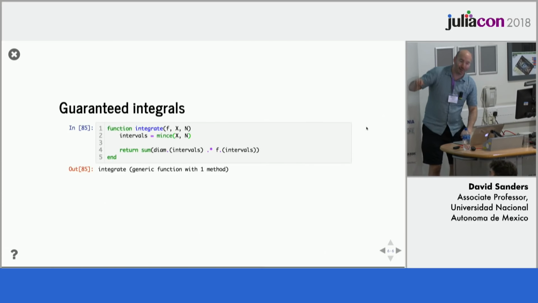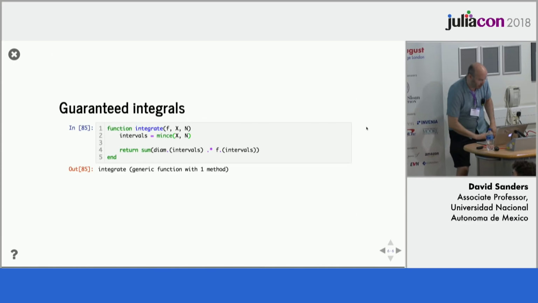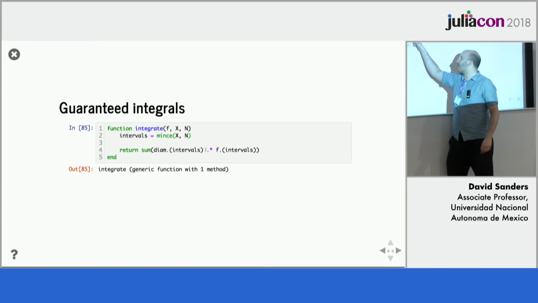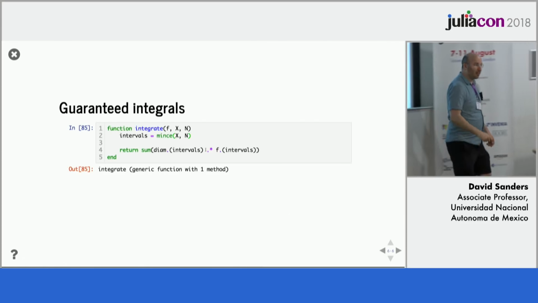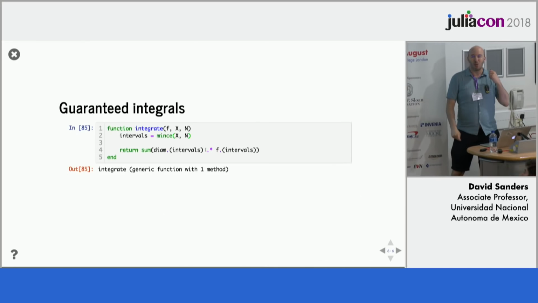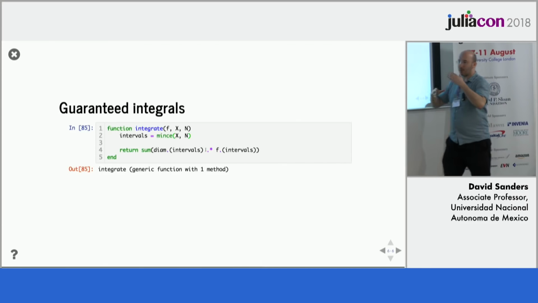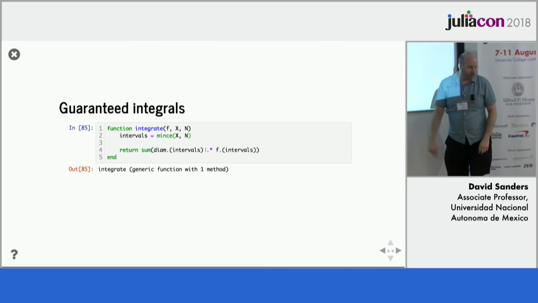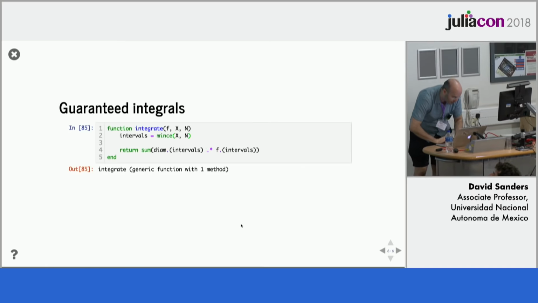Okay, I can do guaranteed integrals in one line of Julia. So this is like a Riemann integral. So this should be taught at first year undergraduate level, that you can use interval arithmetic to do rigorous integrals doing the standard Riemann thing, which is a lower bound and an upper bound in one line of Julia using intervals.